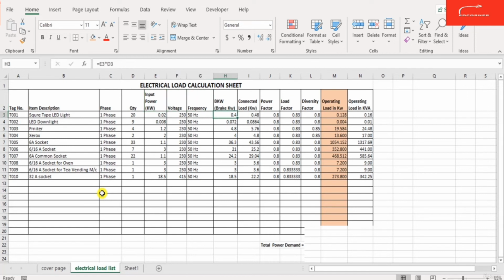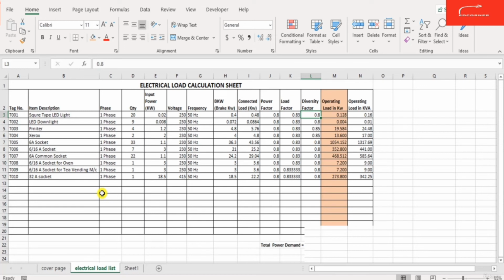After that we have calculated the brake load in kilowatts and the connected load in kilowatts. Connected load is always more than the brake load, about 20% more, based on the power factor. Power factor is common for all equipment. The load factor is the brake load divided by the connected load.